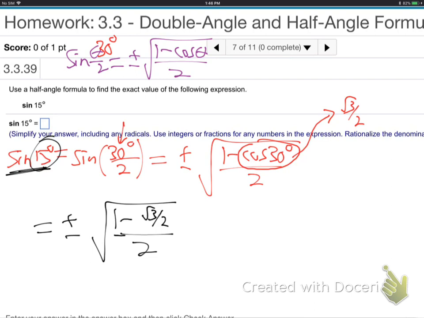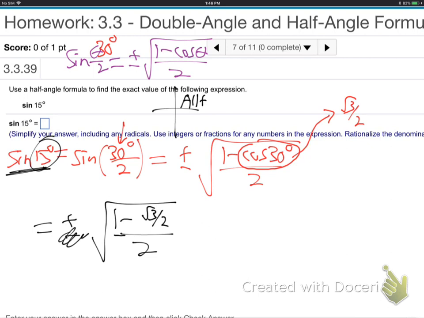So you tell me, 15 degrees, what quadrant's that in? First quadrant. What's the story about the signs in the first quadrant? All positive. So forget about the negative. This is positive. It all depends on what quadrant your original angle is in as far as the plus or minus. Is that good? Just do the All Students Take Calculus.